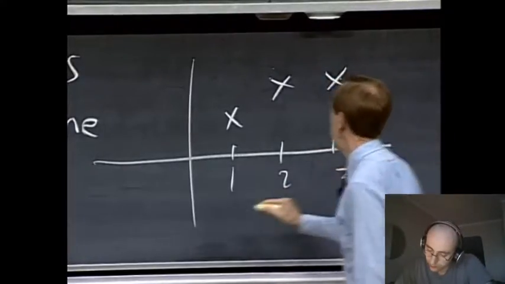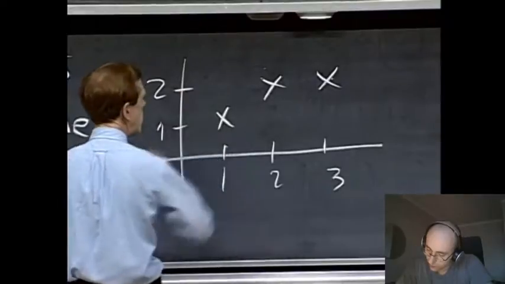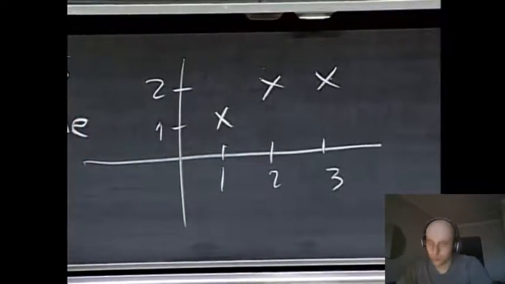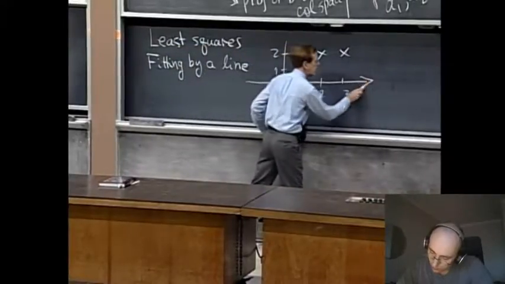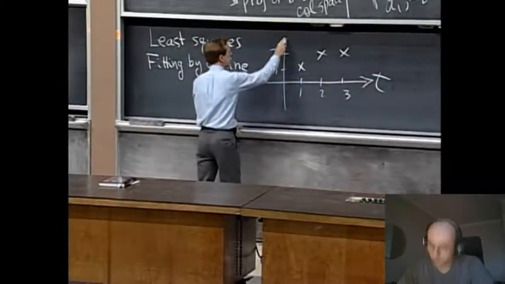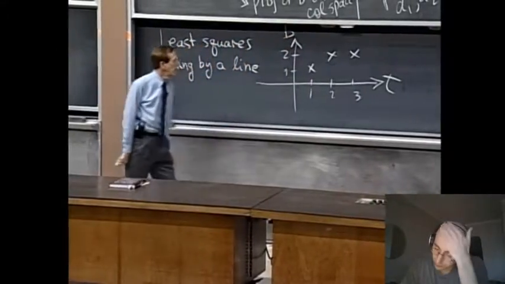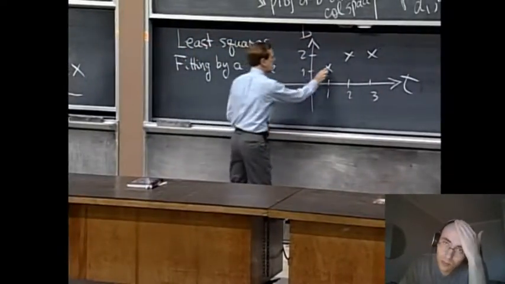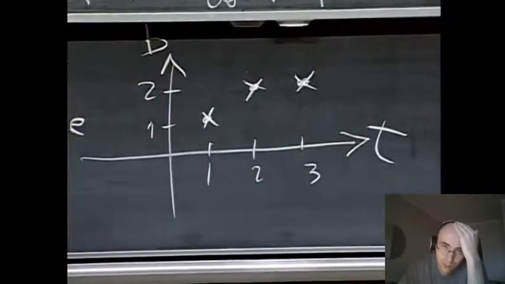I have points 1, 2 and 2 again. So my data points are, this is like the time direction, and this is like b or y. I'm given these 3 points, and I want to fit them by the best straight line.